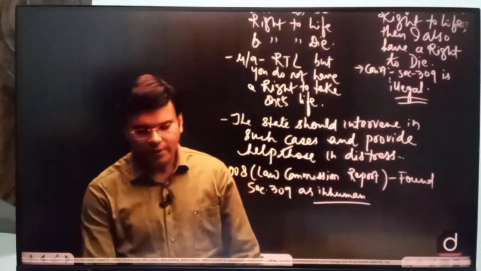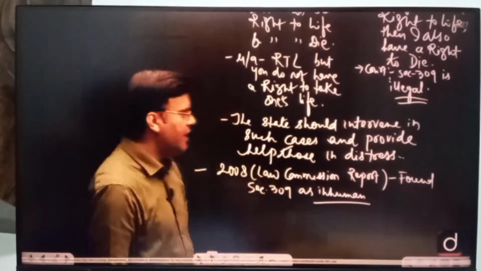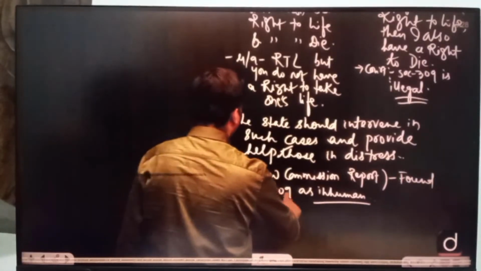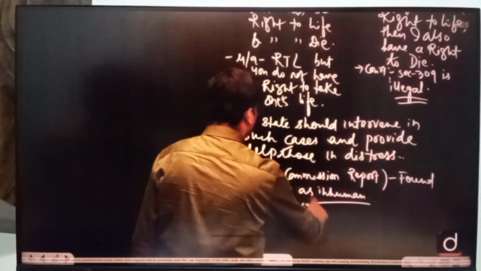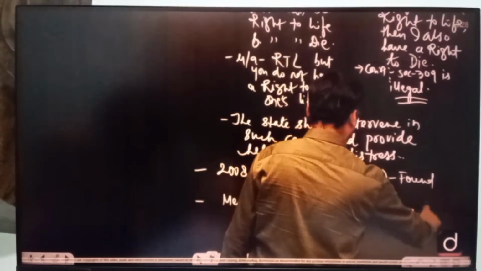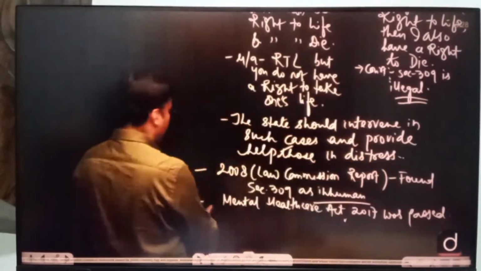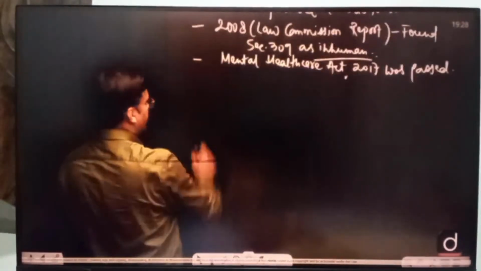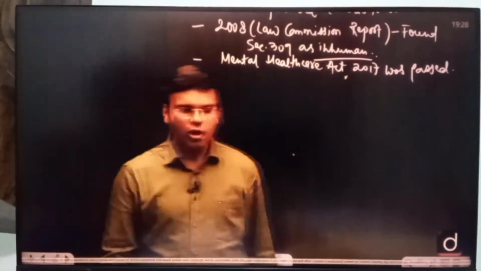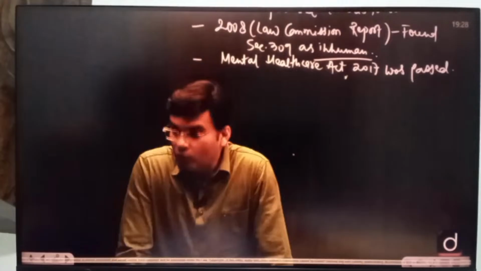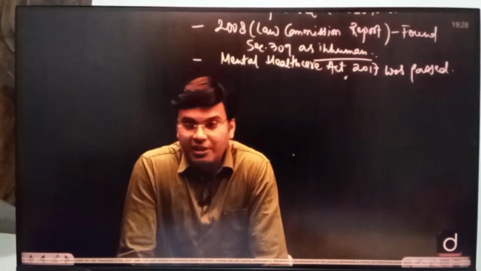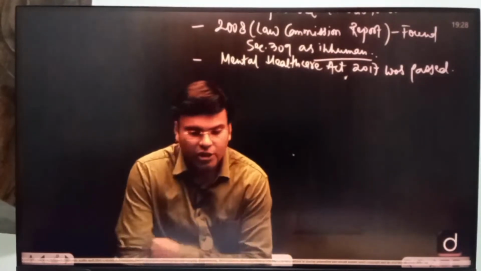And that's why what did the government do? The government passed an act that is called Mental Health Care Act, 2017 was passed. देखो इसमें नाम भी उन्होंने क्या लिखा है कि इस तरह के व्यक्ति को हम मेंटल हेल्थ केयर देंगे। कौन देगा? स्टेट देगा। यानी स्टेट ने लॉ कमीशन की बात समझी, सुप्रीम कोर्ट के जजमेंट को समझा और the parliament came up with this very significant law that was called Mental Health Care Act 2017.